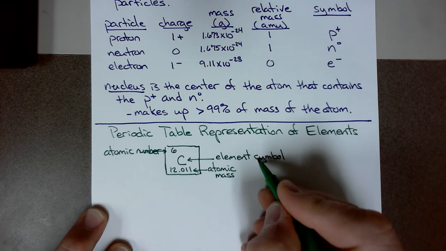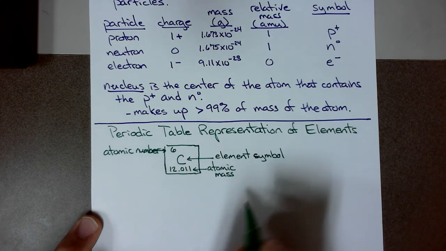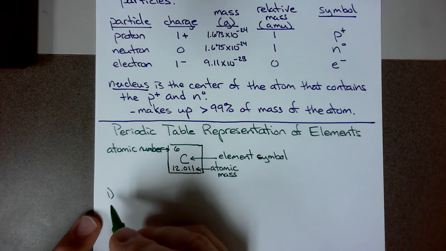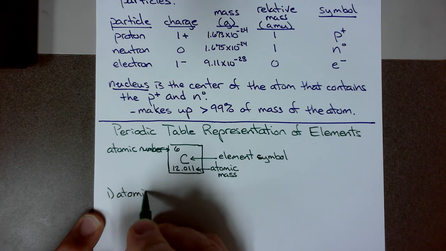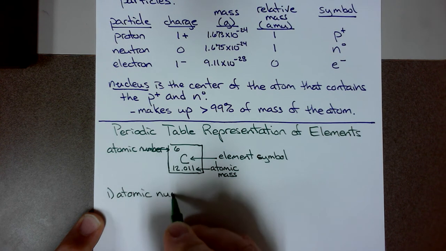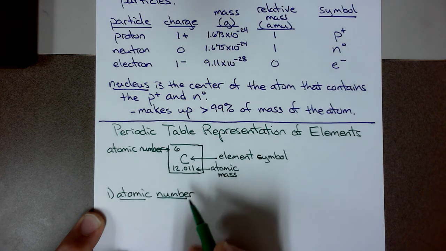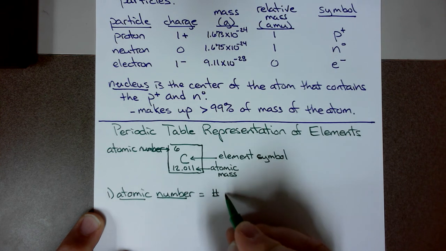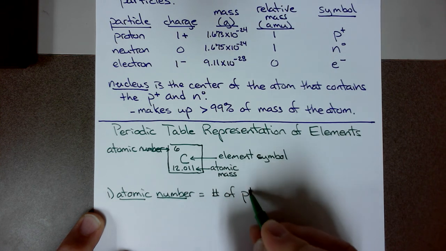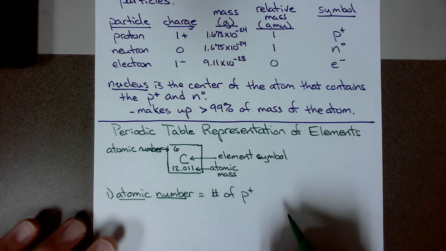So a few things that we need to understand about this is that, 1, the atomic number represents the number of protons. So that equals the number of protons. Now that's not a hashtag, that is a symbol for number in this case.